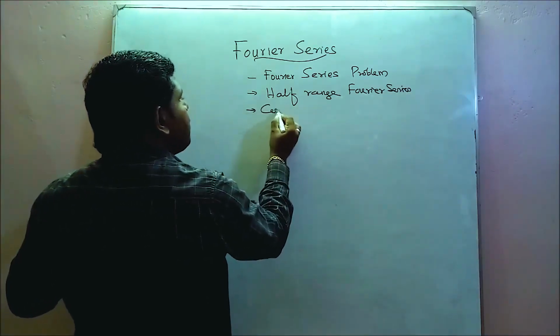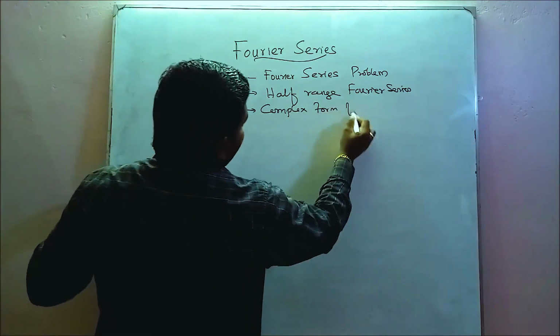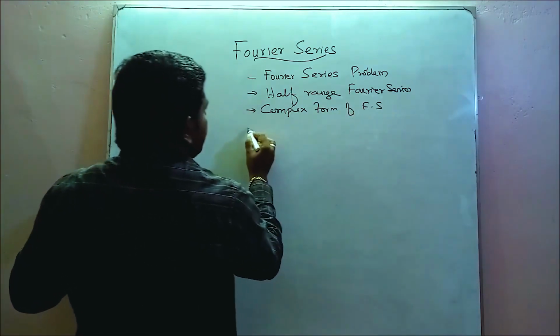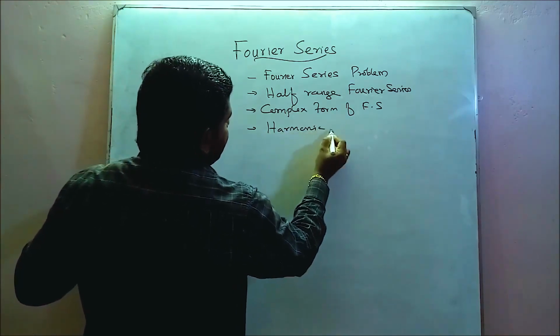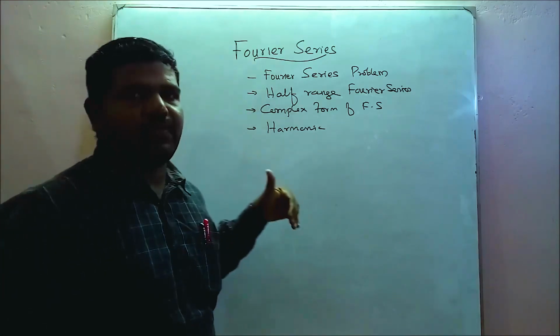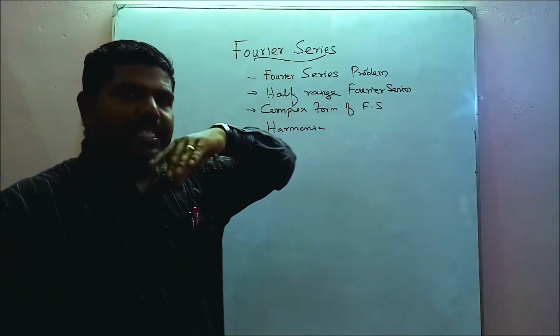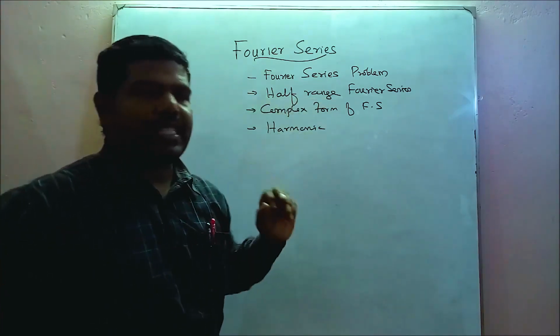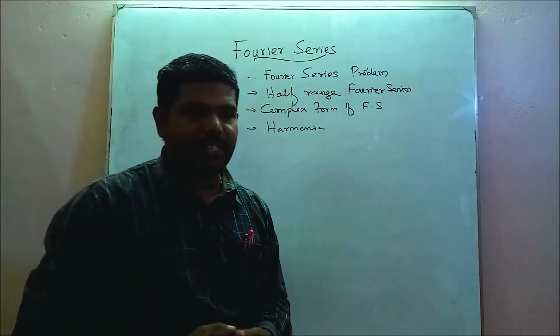Third section, complex form of Fourier series. So the fourth section is taken as harmonic analysis. Totally we have 4 sections for this unit: full range Fourier series, half range Fourier series, complex form of the Fourier series, harmonic analysis.